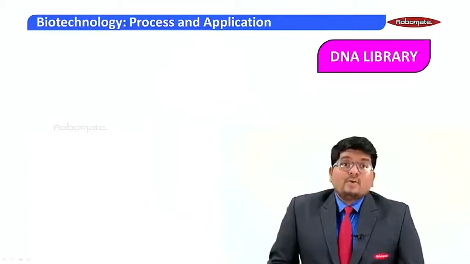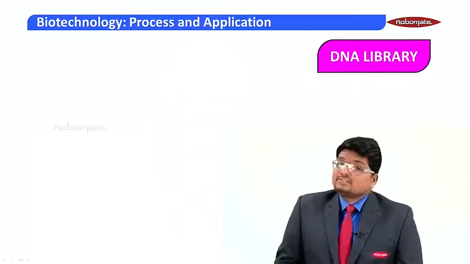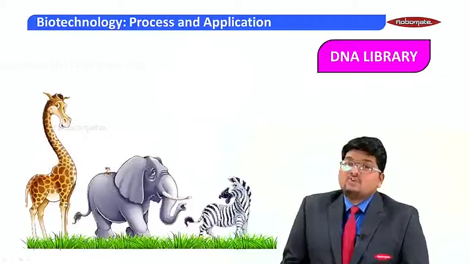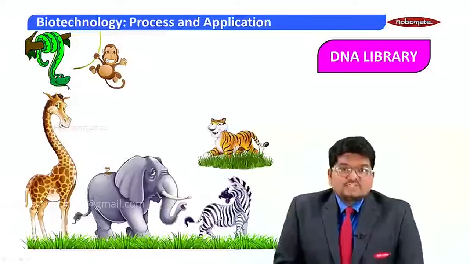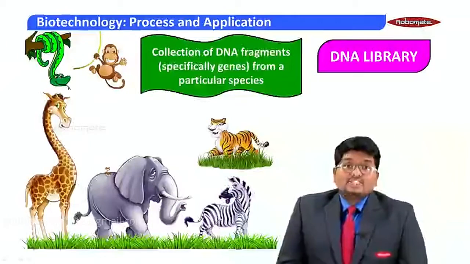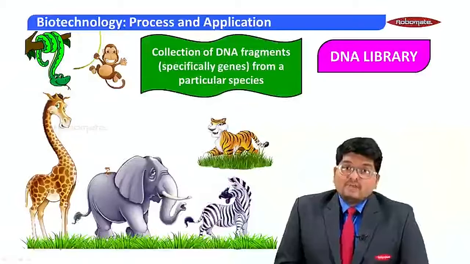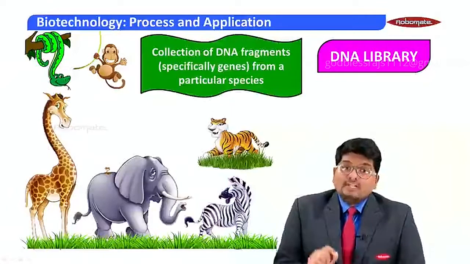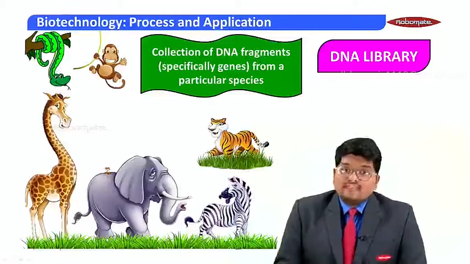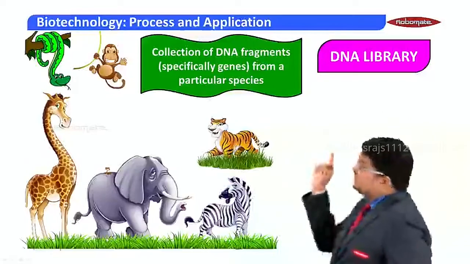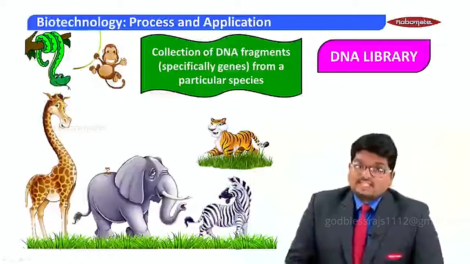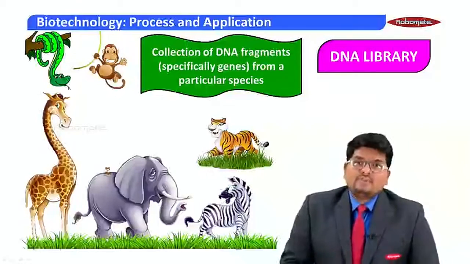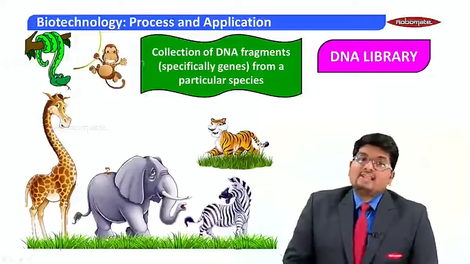So why is DNA library constructed? In nature, we basically see a lot of species. So DNA library is the collection of DNA fragments from a particular species. But which DNA fragments? Remember that they are specifically genes. So the collection of DNA fragments, specifically genes, from a particular species is nothing but DNA library.